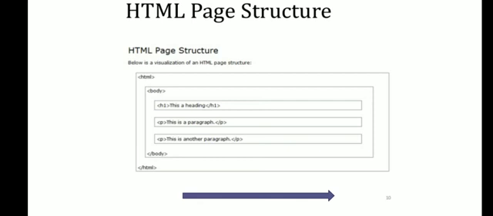H1 is the largest heading here. P is the paragraph. Again we are using another paragraph here. Once the information of the body is over, it should be closed by using slash body, then end with slash HTML. In the HTML program, the first tag should begin with HTML and it should end with slash HTML.